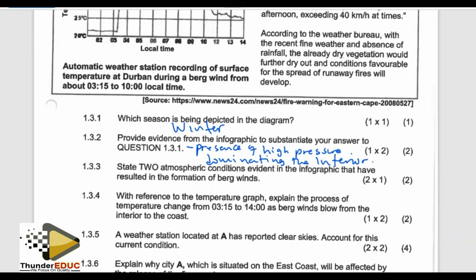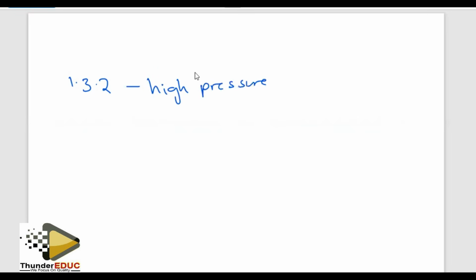I think let us try to use our blank page here. All right, we are there. That was question 1.3.2. Yes, so we said there is a high pressure cell over the land or dominating the land.